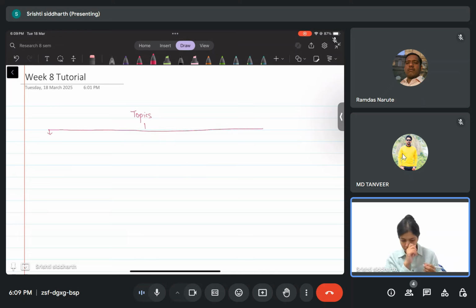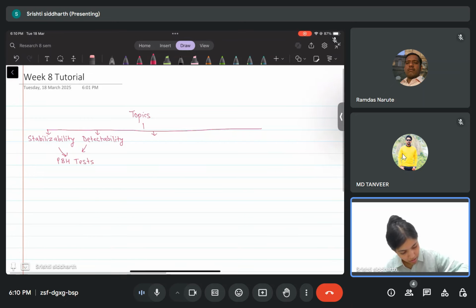In today's session, we are going to talk about stabilizability and detectability. We have the PBH test for both of them. Then we're going to focus on the design of state estimators.